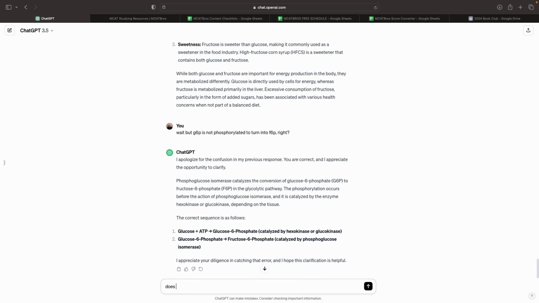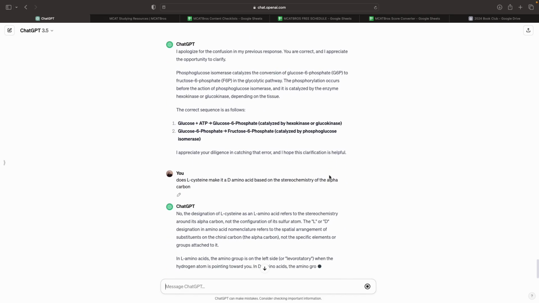Does L-cysteine make it a D amino acid based on the stereochemistry of the alpha carbon?